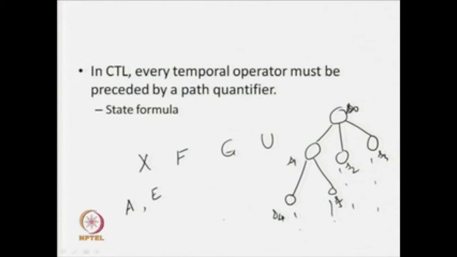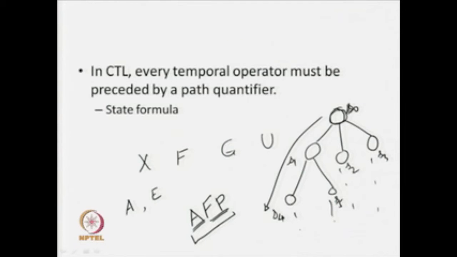Any temporal formula, say F P, says that in future P holds. This is a temporal formula, and it is defined over a path with respect to a starting state. But when we talk about CTL, I can say it will be A F P. So, the temporal formula F P is preceded by a path quantifier. This is a valid CTL formula, and its truth value will be defined over a state.